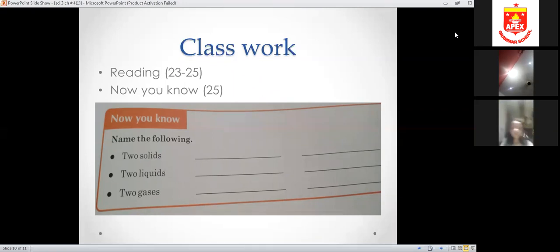These are known as utensils. Toys, machines, vehicles, etc. are also made from soil. Solid. Bricks. Okay, thank you.